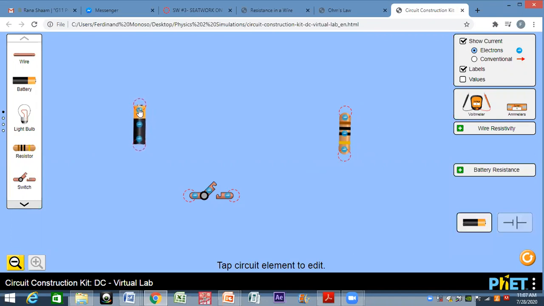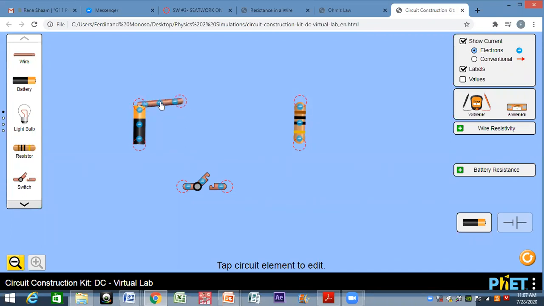And we can then relate the effect of a specific resistance on our circuit. So a resistor and a battery with a switch, and then we can connect them by virtue of a wire.